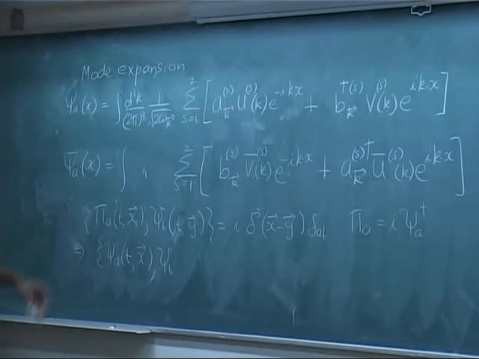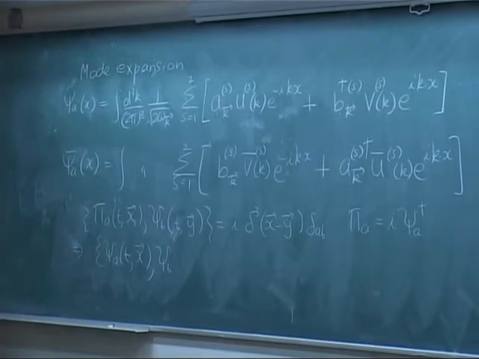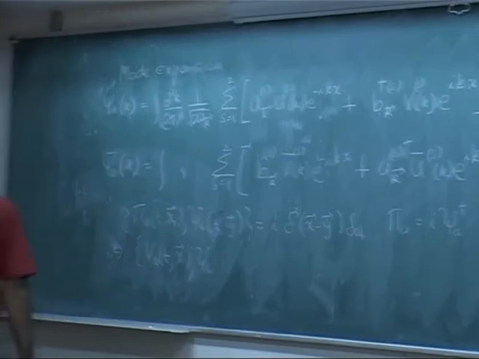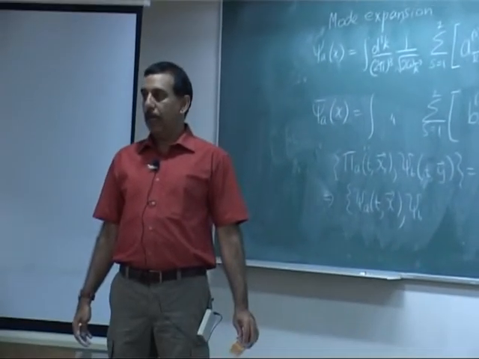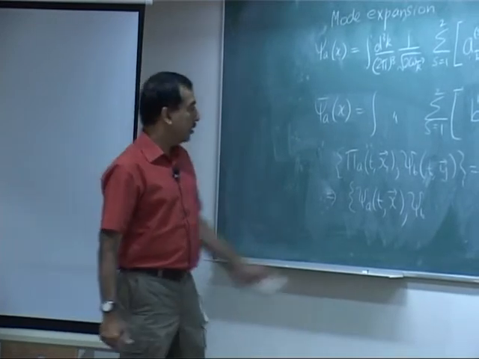Minus on the right? I hope not. It has to be whatever it was before, because pi with the field has to be always the same, i times delta, as far as I know. Why should it be minus? Oh, that doesn't make any difference because it's an anti-commutator.